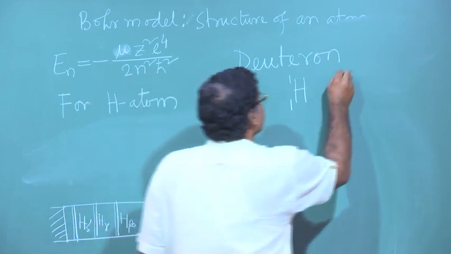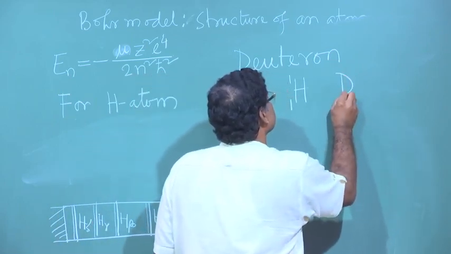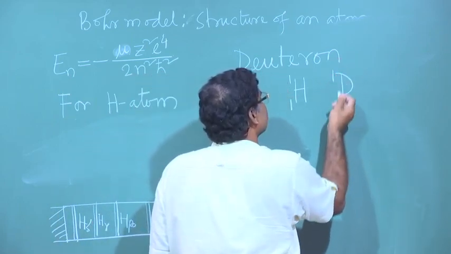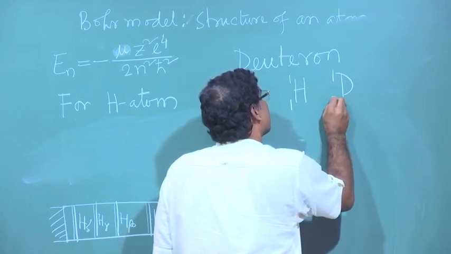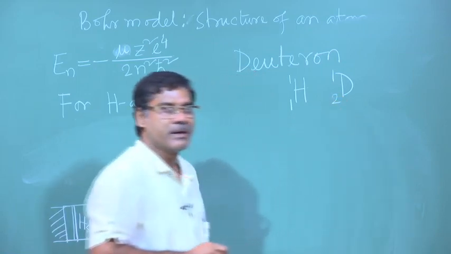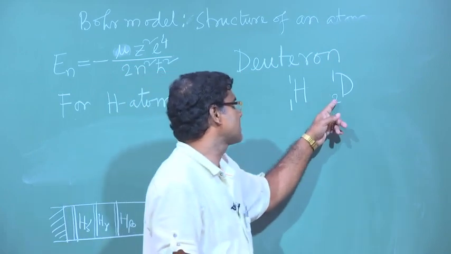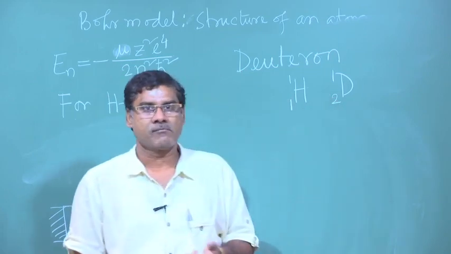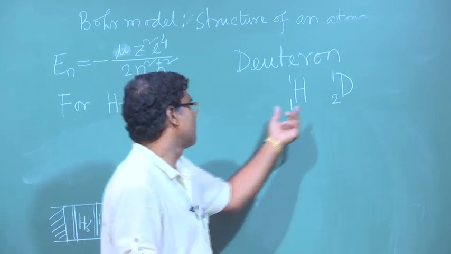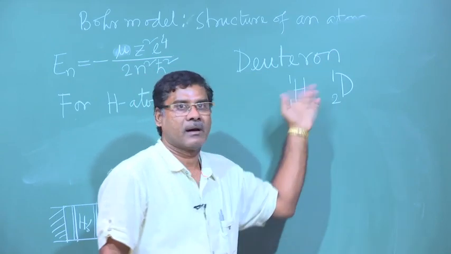But deuteron has 1 electron, 1 proton and 1 neutron. So its mass is double, charge is same, but mass is double than the hydrogen atom.